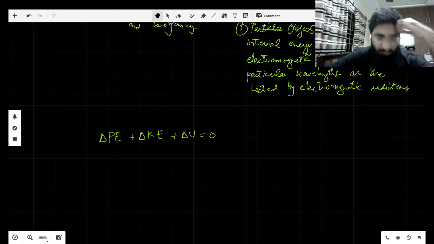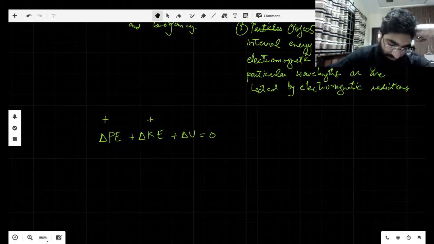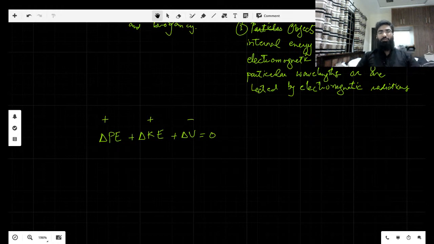Because if there is a positive change in potential energy or positive change in kinetic energy, then something must have lost energy to make sure that these two gain energy.